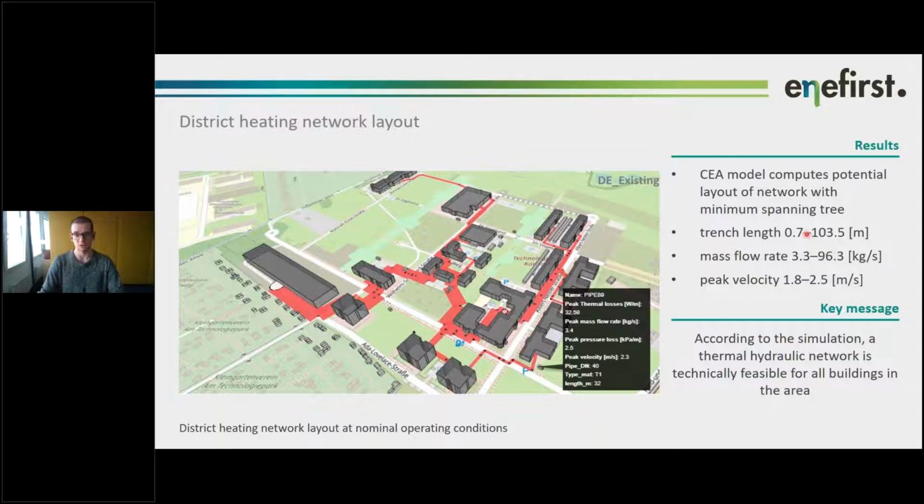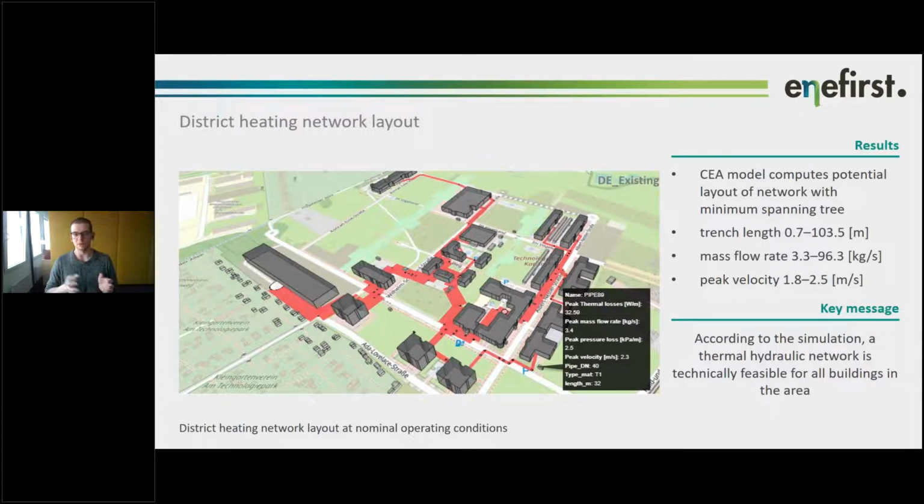So trench length, according to the model, is between 70 centimeters and up to 103 meters, which could be somewhere up here. It also computes the mass flow rate in kilograms or liters per second, the peak velocity. So overall, according to this simulation, a thermal hydraulic network is technically feasible for all of the buildings in the area, and the same goes also for the other scenarios.